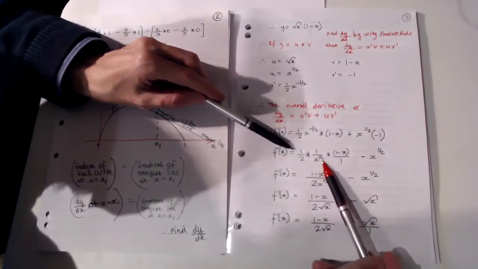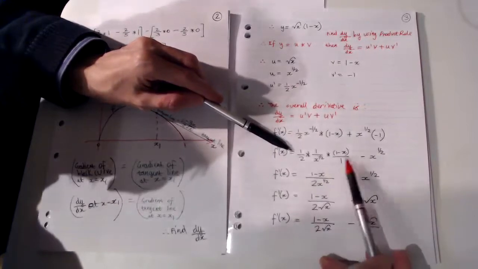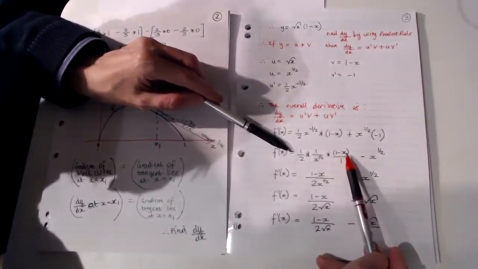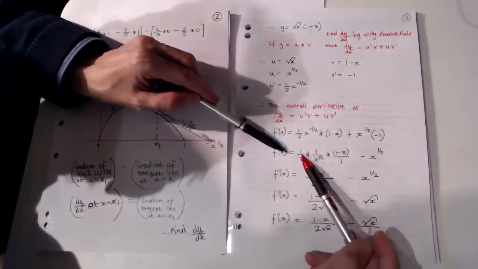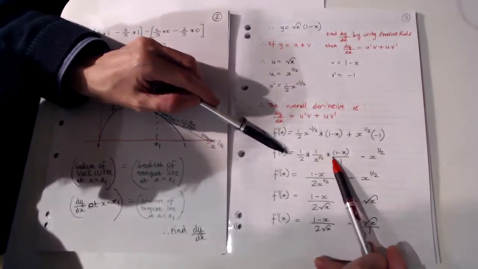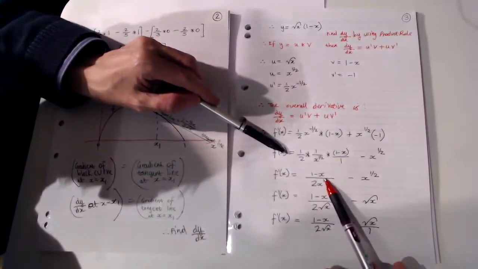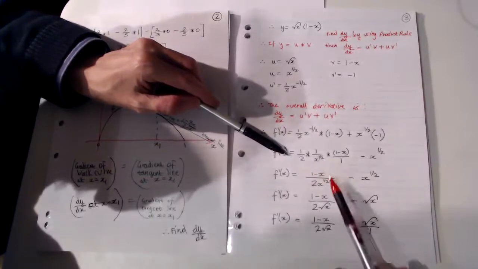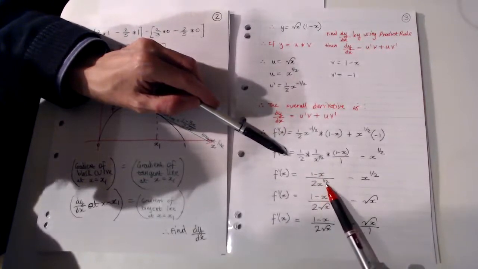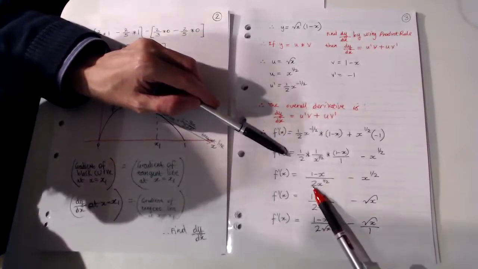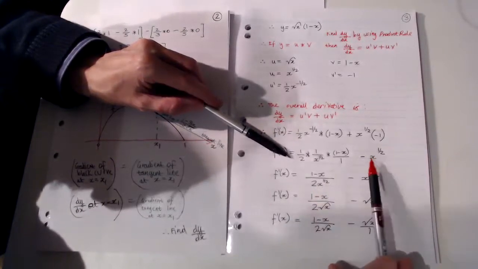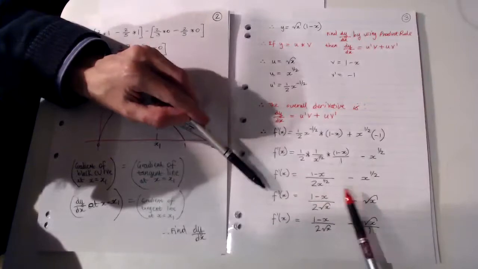A half times 1 on x to the power of a half times (1 minus x) on 1 becomes what? 1 times 1 is 1. 1 times (1 minus x) is 1 minus x. 2 times x to the power half is 2x to the power of a half, minus x to the power of a half.